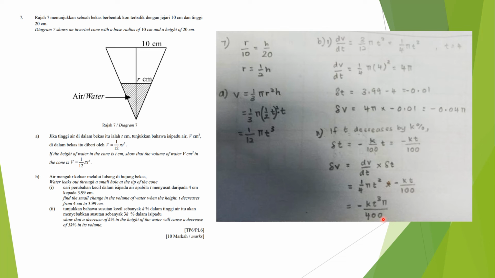Then we want to show that delta V over V times 100%. We want to find the percentage.